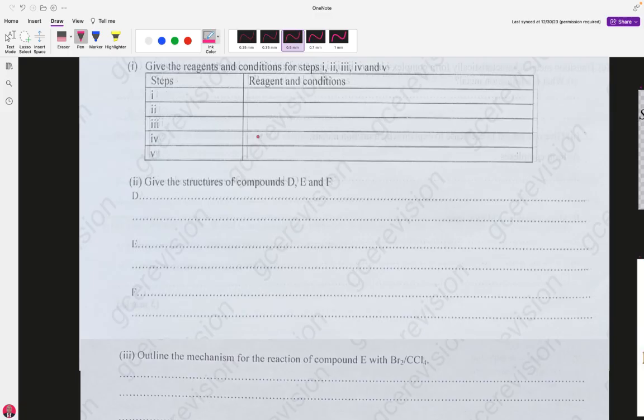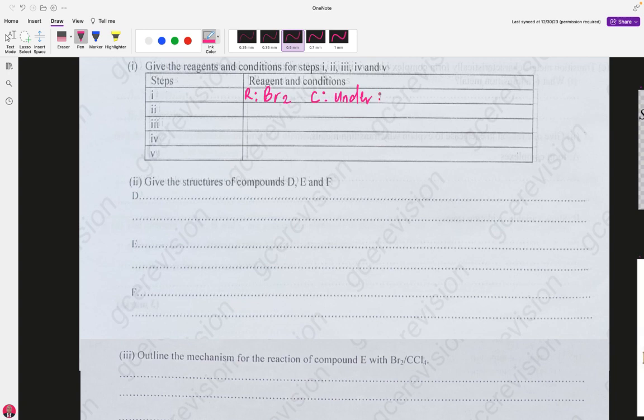Then the condition is supposed to be under UV light.